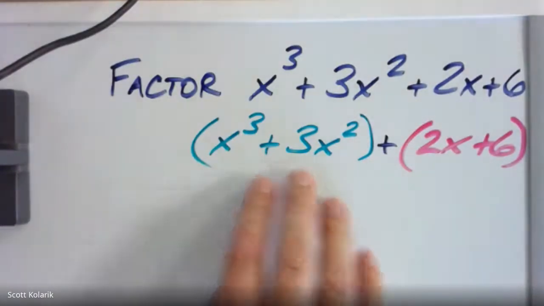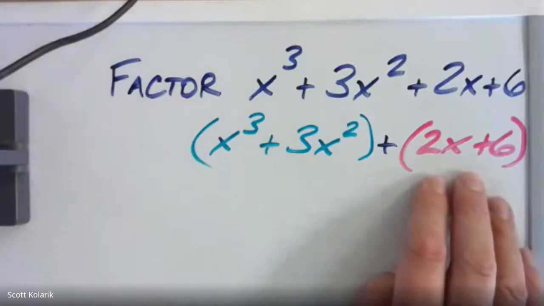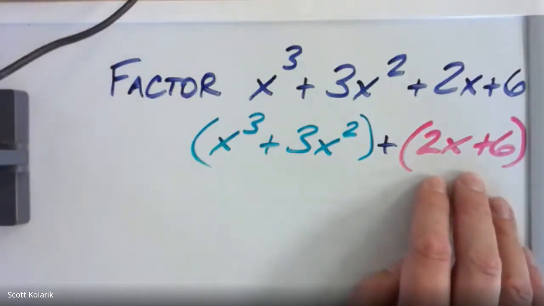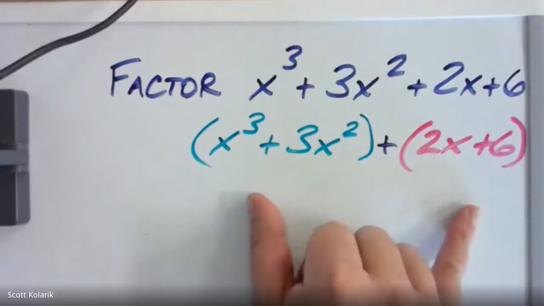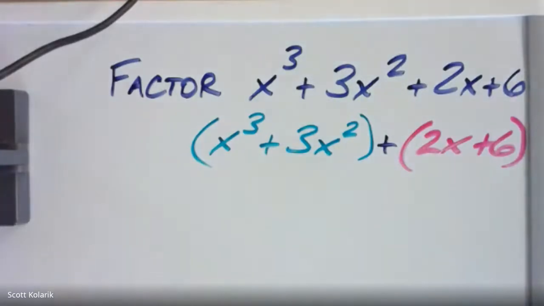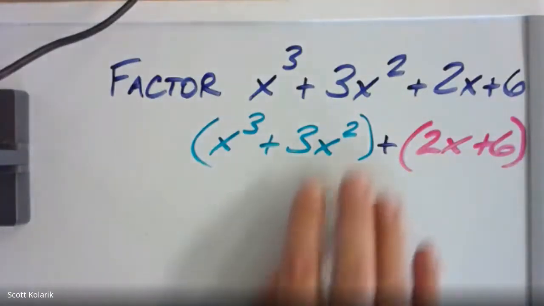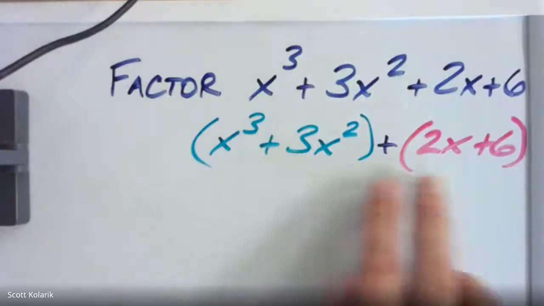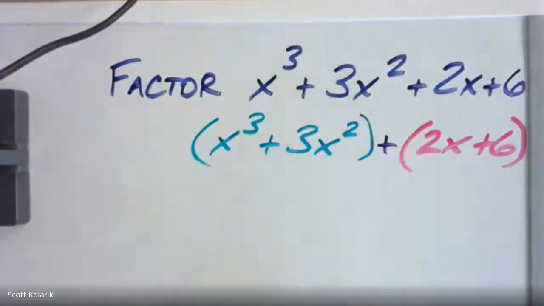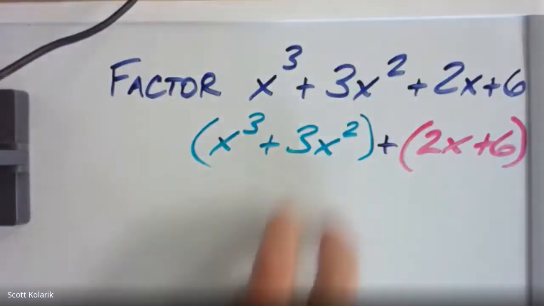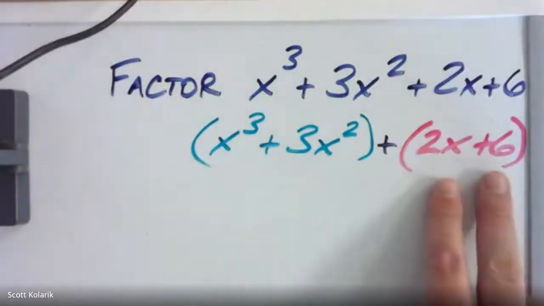Because if both of these parentheses end up matching each other, now I have another common term, and you'll see what happens when that happens. For right now, suffice it to say, I've set up these two groups. Again, this can only happen with 4-term polynomials because I'd have a group of 2 and a group of 2.